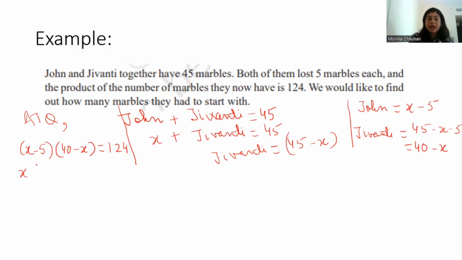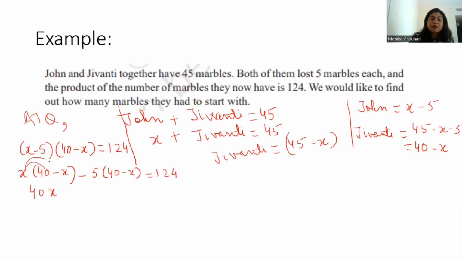So first you multiply X, just like the distributive property, if you remember, and then with minus 5. Step by step, easy. First you multiply the first term with the bracket. So X with 40, what does it become? 40X.